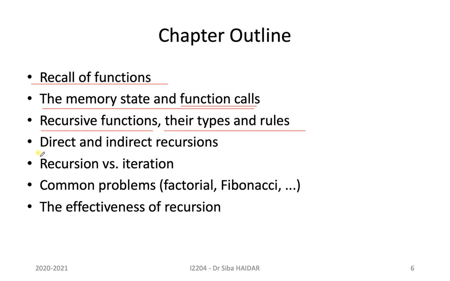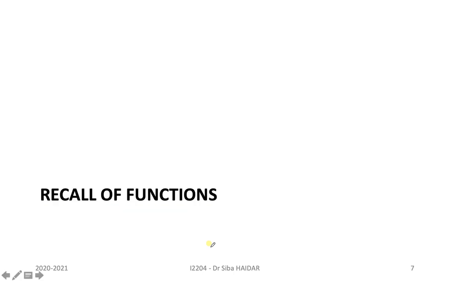We will differentiate between direct and indirect recursion, compare recursion and iteration, and see what tail recursive and non-tail recursive functions are. We will study some problems of recursive functions, and then we will study, of course, the effectiveness of recursion. All these titles will be covered in this chapter, so let's begin.